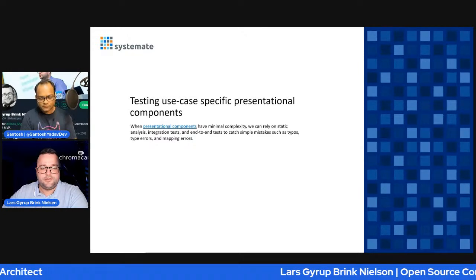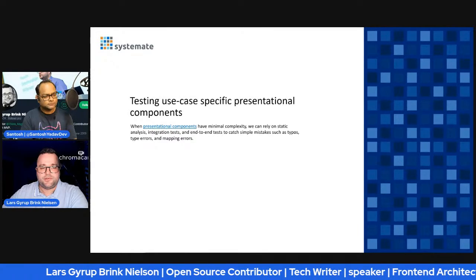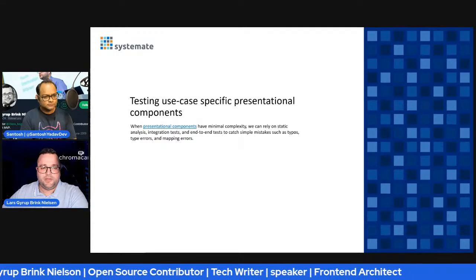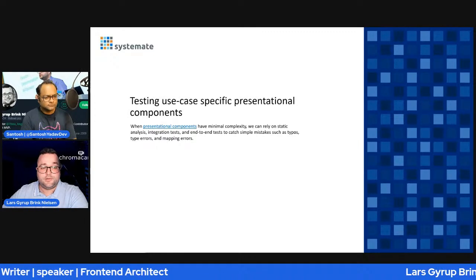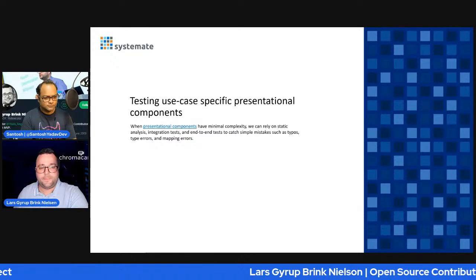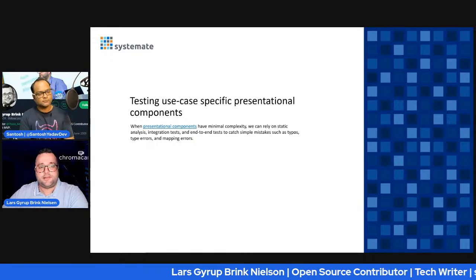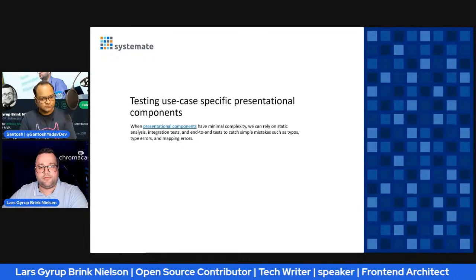What's the value in tests, and that goes down to even like, would you component test a presentation component? Maybe not if it's a use case specific presentation component, but you would test its presenter, and you would test a use case specific container component, and maybe you would include it in the test if you have an integration test or an end-to-end test, or even both.